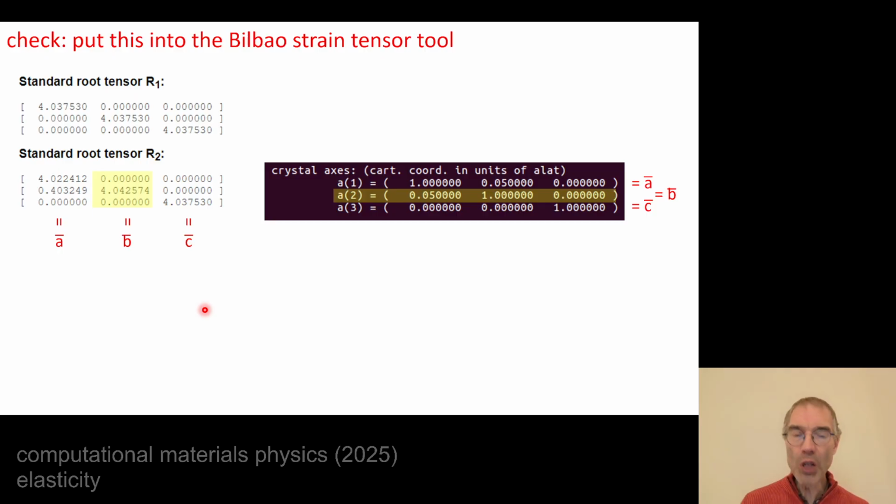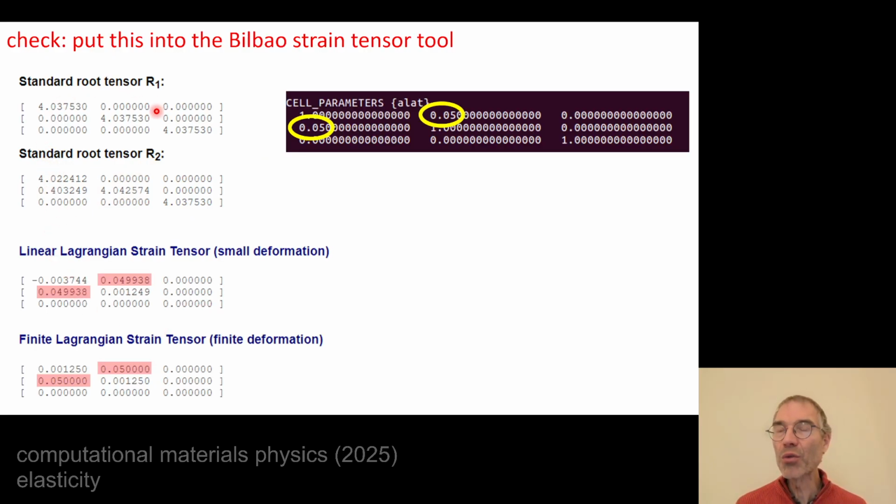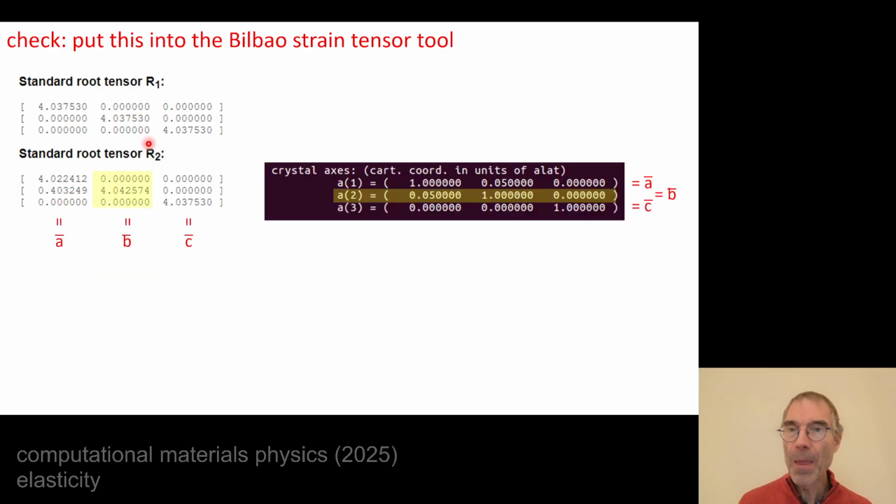If I now look here to these standard root tensors, these are the tensors similar to the cell parameters matrix that describe the unit cell. And now in the way how the Bilbao server writes this, here the A, B, and C are columns, and you see nicely the three perpendicular vectors in the undeformed cell.